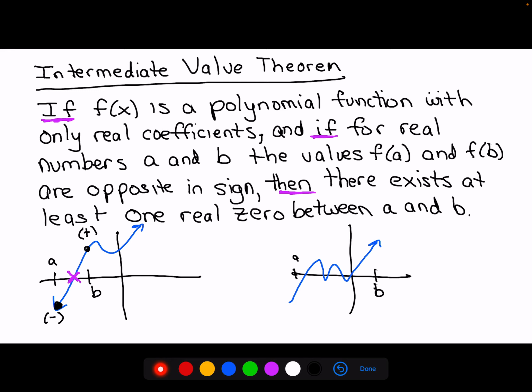But be careful. This is an if-then statement. It's a conditional statement. The inverse isn't necessarily true. If you took logic at some point, you learned that the conditional and the inverse are not logically equivalent.